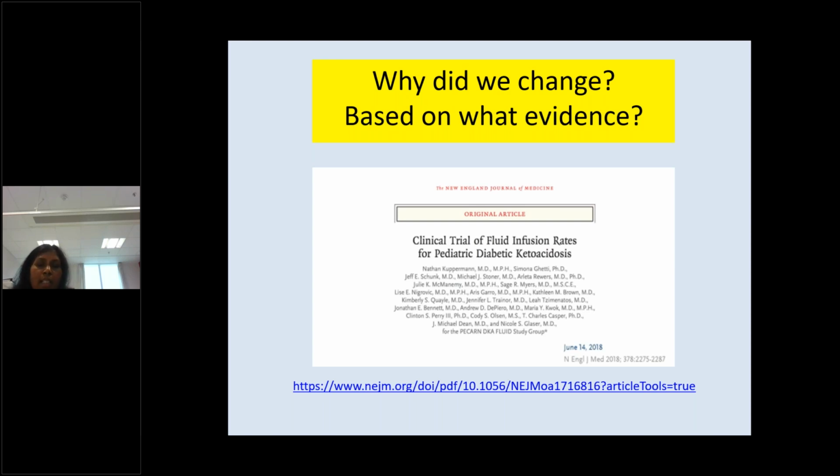What they basically have done is, it is a randomized control trial, and they have recruited 13 centers, and around 1,400 patients into this trial, all children less than 18 years of age who presented with DKA. And they have categorized them into 4 groups as a 2x2 factorial table. And what they've done is basically they've compared between the rate of infusion as well as the concentration of sodium in the fluid.